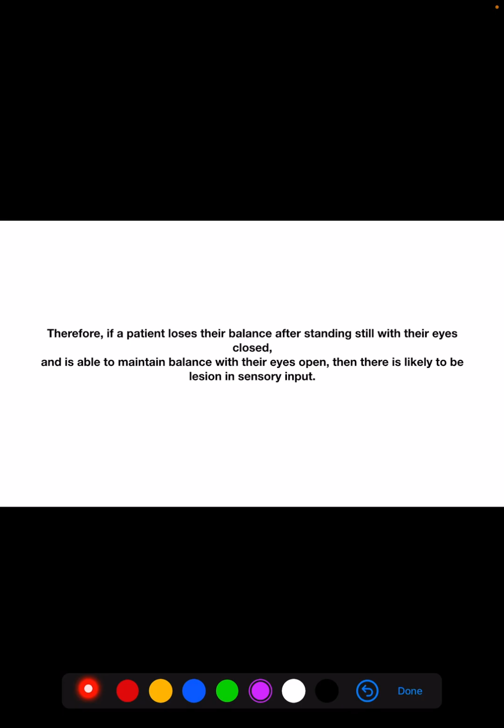If a patient loses balance after standing with eyes closed, but when the eyes are open he is able to maintain balance, then there is likely to be a lesion in the sensory input, something like proprioception.